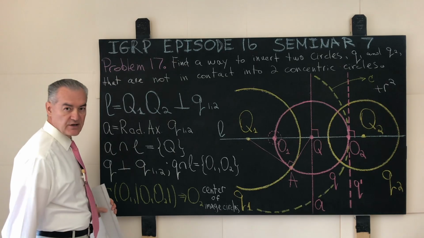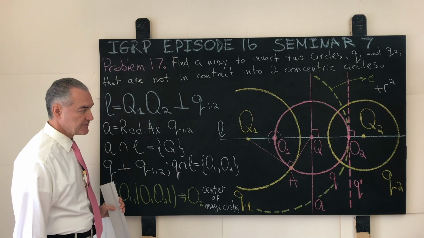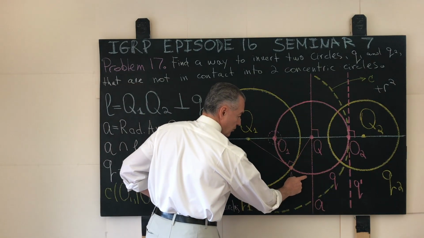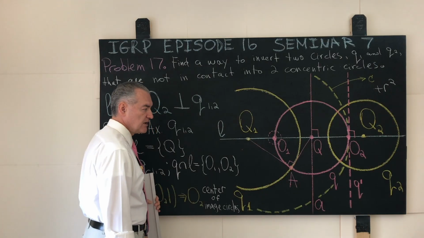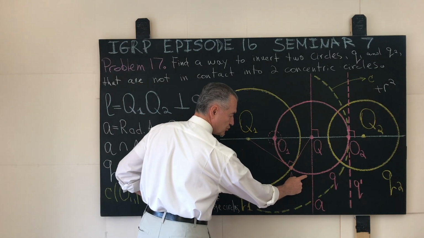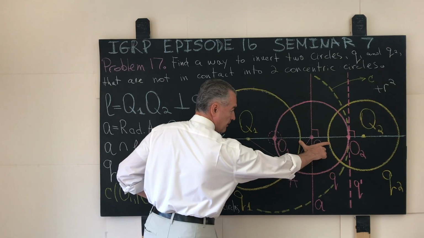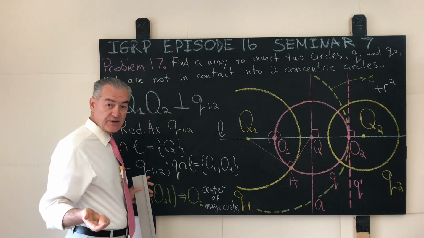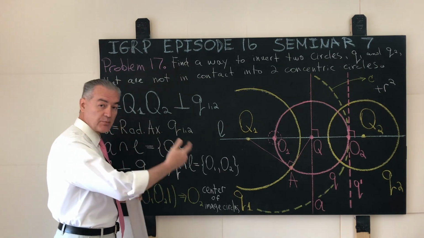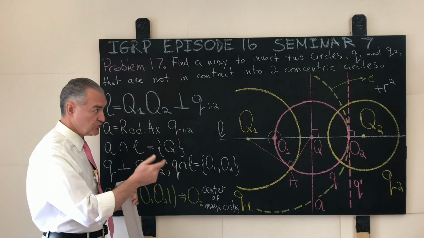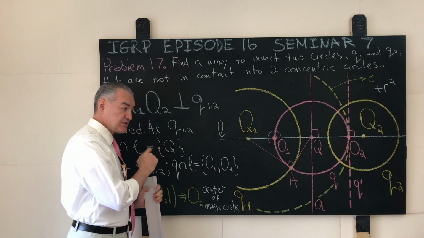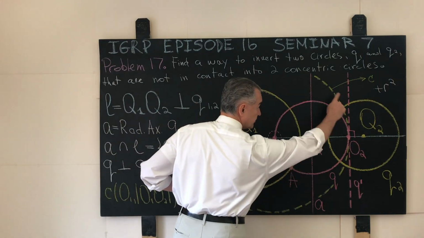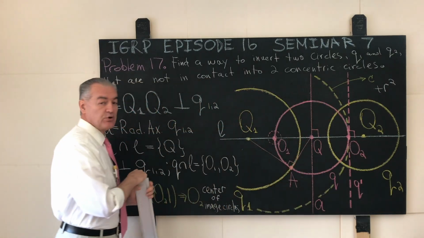Now, what other tactical observation can we make here after that? Well, if our circle Q is orthogonal to both of the input circles Q1 and Q2, again, remember by the corresponding theorem, the magnitude of the angles between intersecting curves under any inversion is preserved. It means that the images of the circles Q1 and Q2 under the corresponding inversion must be also what?